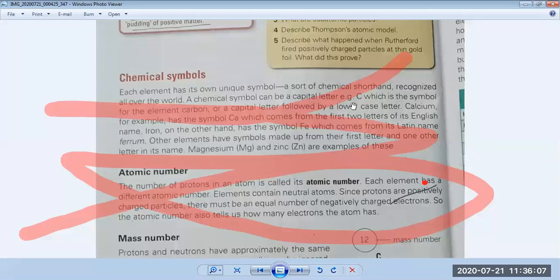If we want to show carbon, we will not write its full name. We will write its symbol, a capital letter C. After that, if we want to show calcium, what will we do?